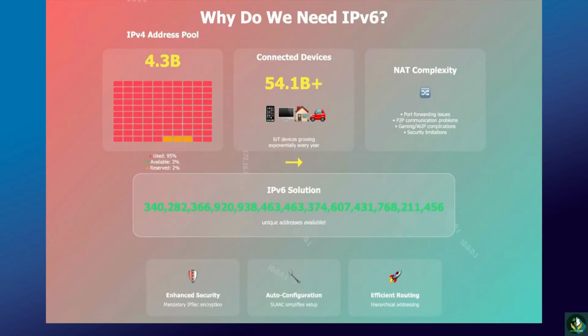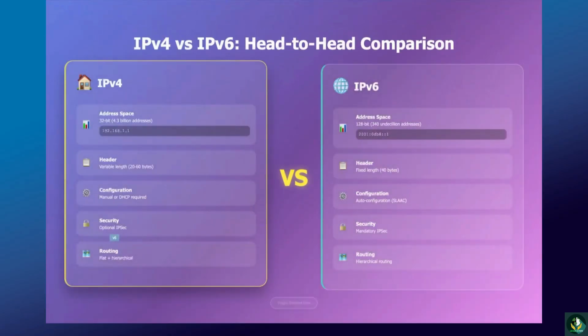Now, IPv6 uses a 128-bit address space, providing approximately 340 undecillion unique addresses, enough to assign an IP address to every atom on the surface of the Earth. Now, let's compare IPv4 and IPv6 to highlight their key differences.